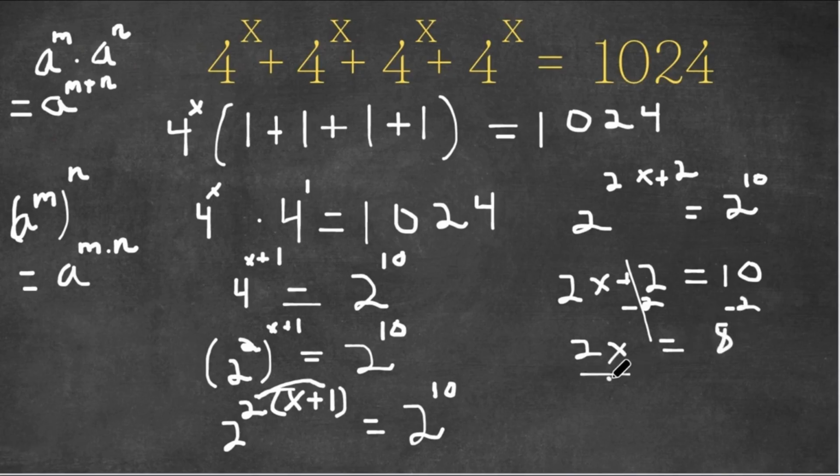And now if we divide by 2 on both sides, we get x equals 8 divided by 2, which is 4. So 4 is our answer.